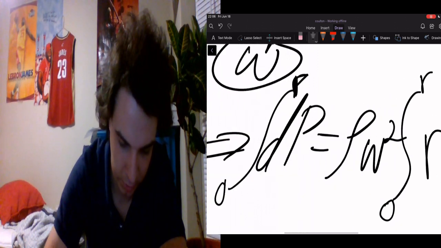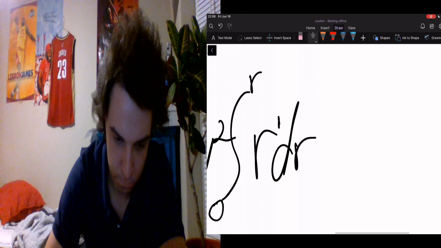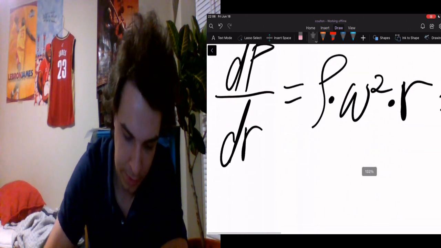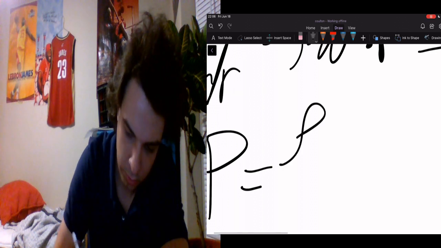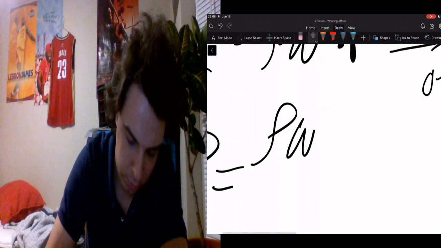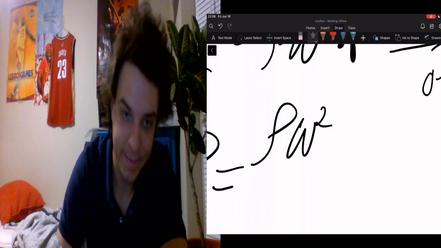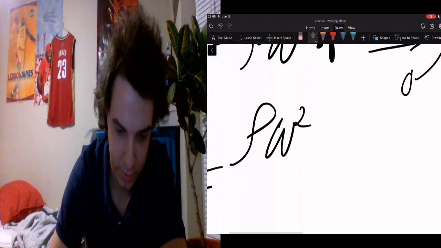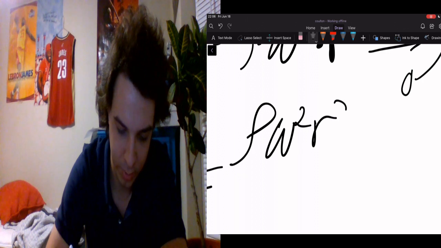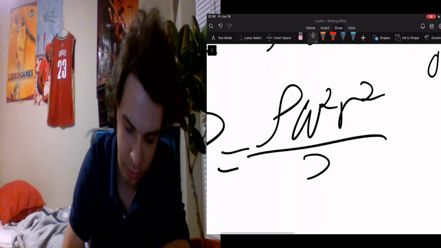Make these prime to differentiate, and then we can solve for that, and we get p equals the density times the angular velocity squared times little radius squared over 2.